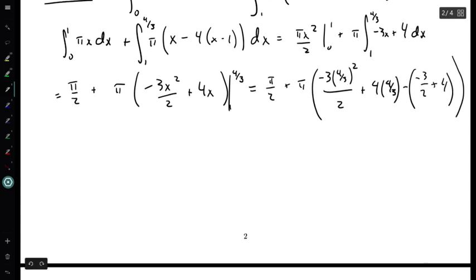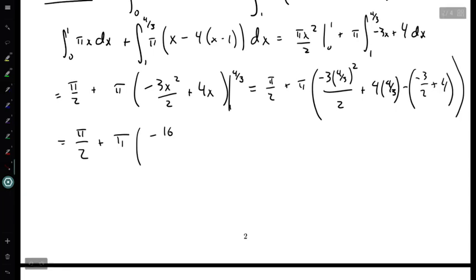All right, and now it's time for some arithmetic. Let's see, we've got pi over 2, plus pi times this first fraction here, this minus 3 times 4/3 squared. The 4 squared gives me a 16 in the numerator.